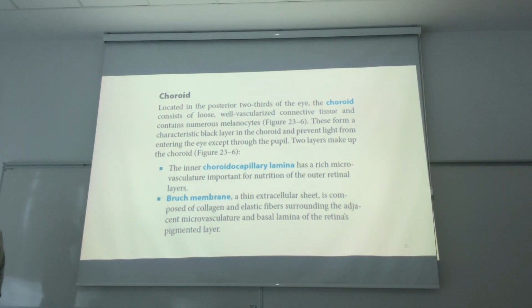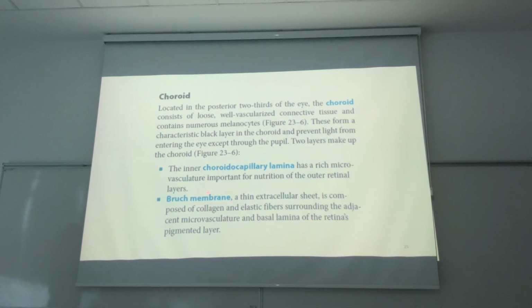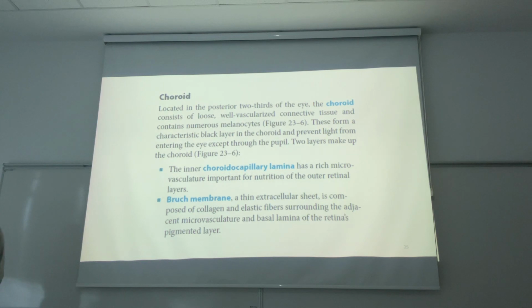In the inner side, we have a layer neighboring the retinal pigment epithelium. This layer is known as the Bruch's membrane. The Bruch's membrane is composed of the basement membrane of the retinal pigment epithelium and also the basement membrane of the blood vessels present in the choroidocapillary lamina.